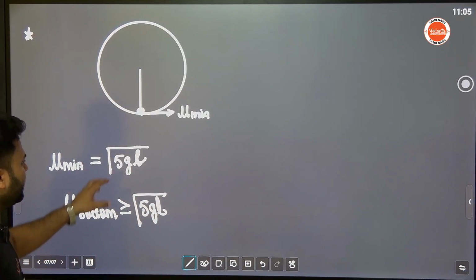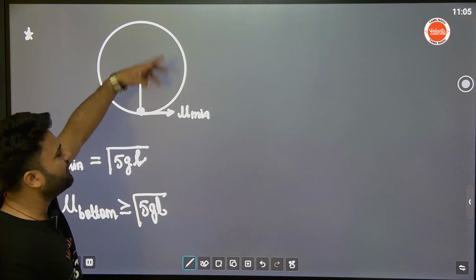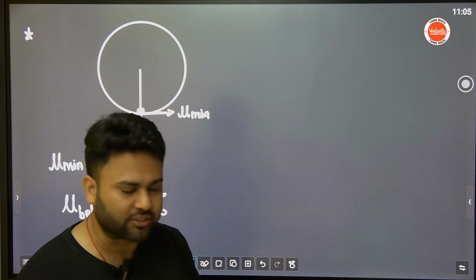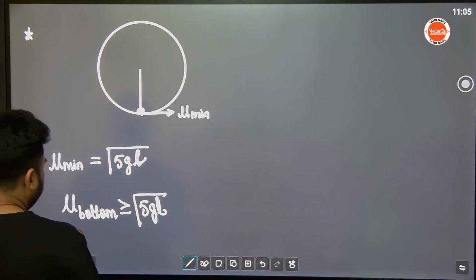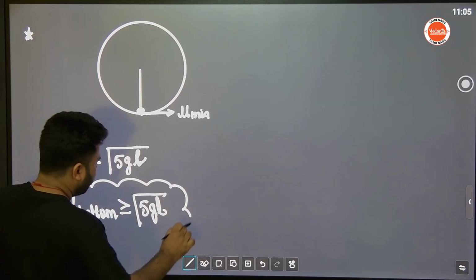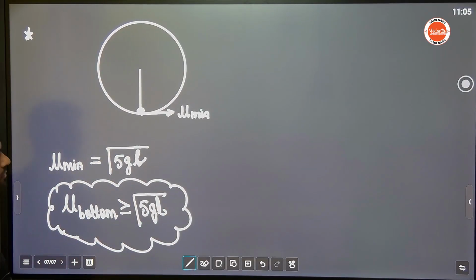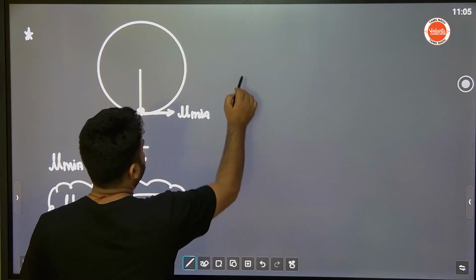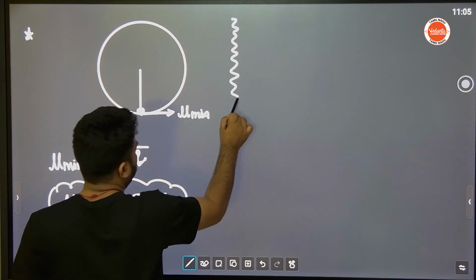Correct? So if you are giving this much speed, this object will perform complete vertical circular motion. Now what if you give speed less than this value? Again I am not going into the derivation, I am just revising the points.